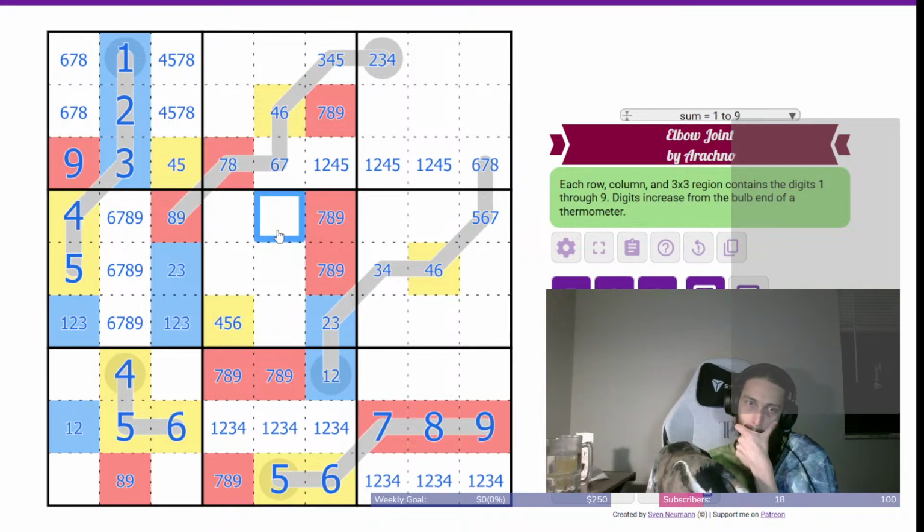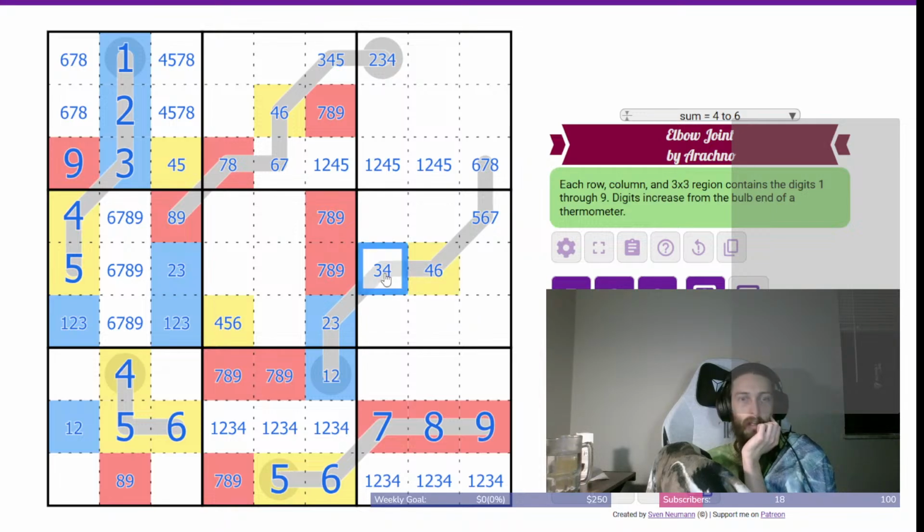Right. But this could be 6, 7, 8, and 6, 5, 4. But we know that one of those two is 4, making one of these two 3, one of those two 2.